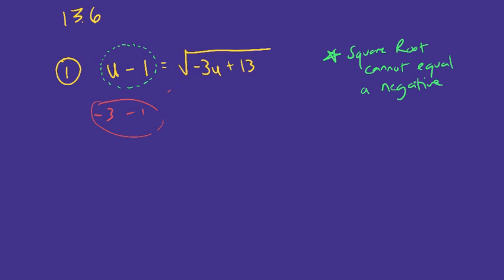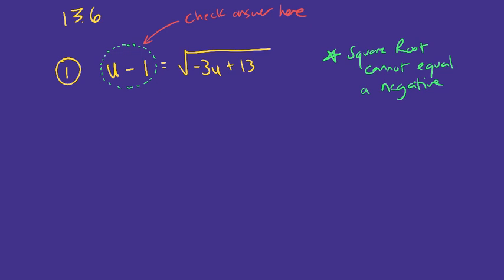Okay, so we'll keep that in mind. And when we get done working this out, we're going to come back to the beginning and check our answer. If the square root is equal to a variable, we've got to come back and check it.